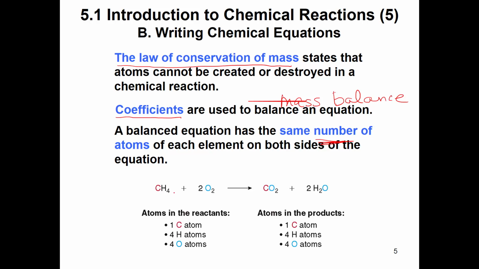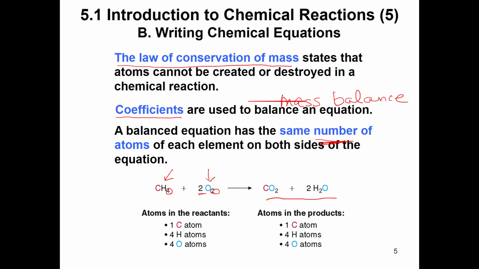So when we look at these, remember, I can't change this subscript, because if I change that, I'm changing what the compound is. And if it's methane, it has to be CH4. If it's elemental oxygen, it has to be O2. Now I'm going to rearrange those when I form the products, but I can't balance with these numbers down here.